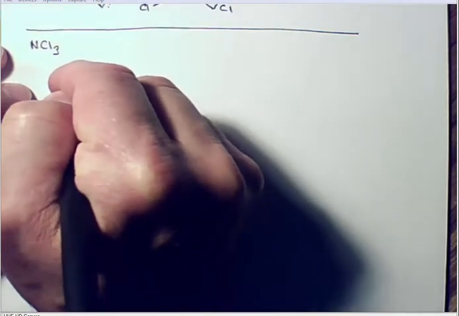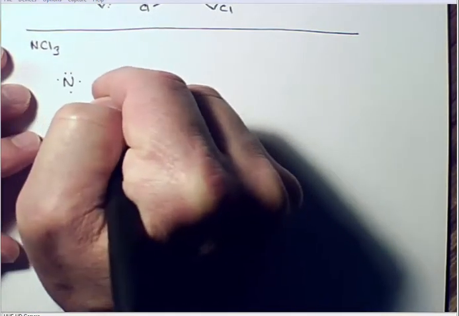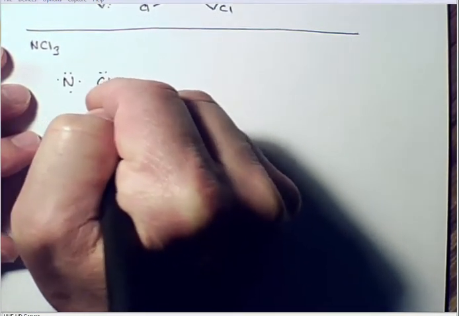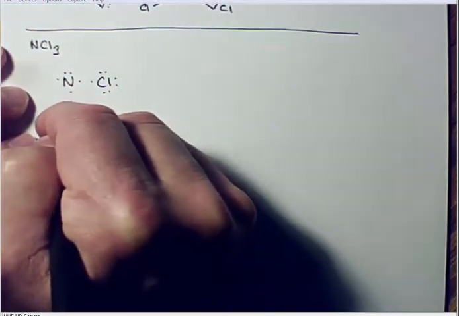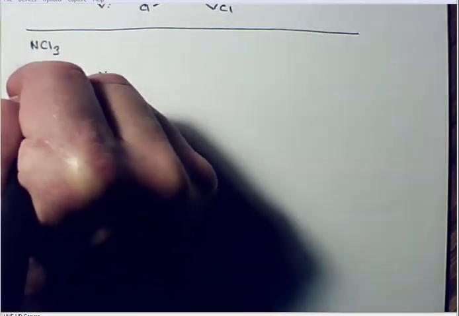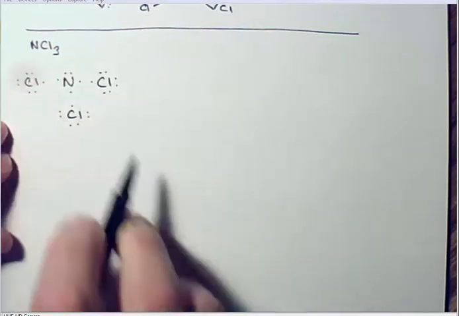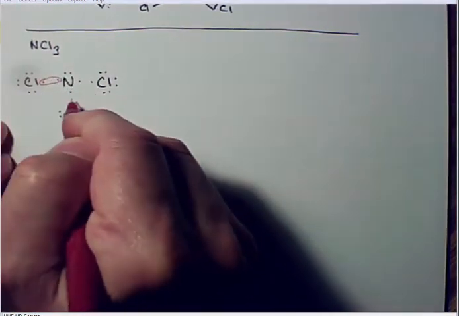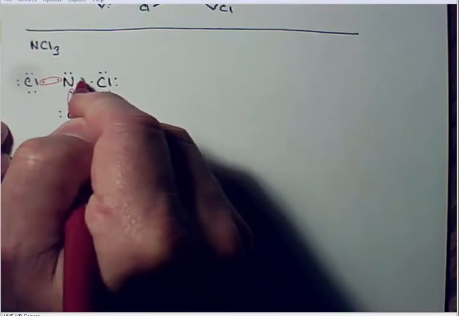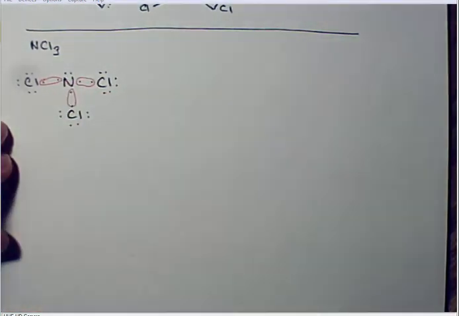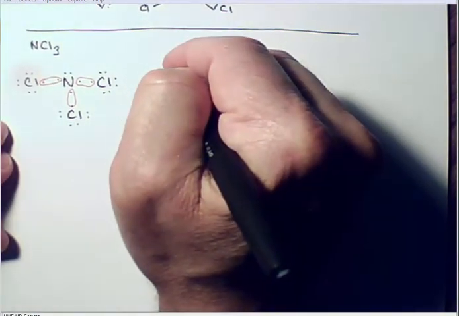Everybody said they did. So nitrogen has 5 electron dots. Chlorine, we already know, has 7. We can share electrons here, and here, and here, and this gets the nitrogen and the chlorines up to the 8 valence electrons they want to have.